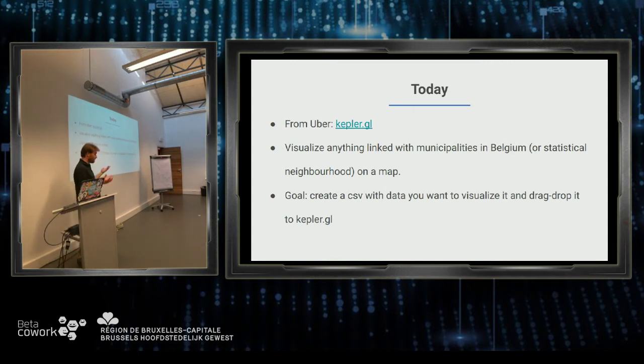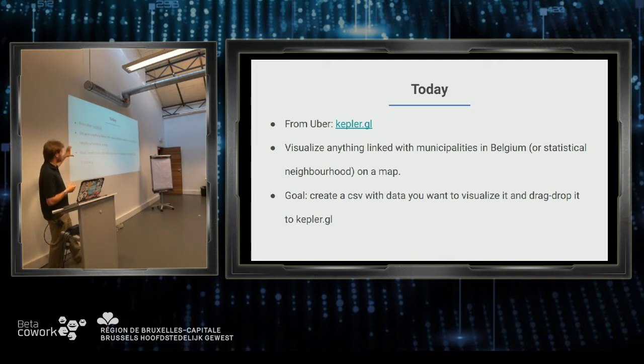If you have any data set that gives you a number related to either a municipality or a statistical sector, this is a concrete recipe on how to view it on a map with colors and see the outcome.